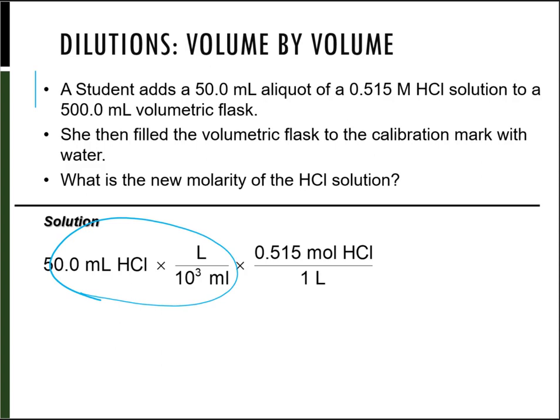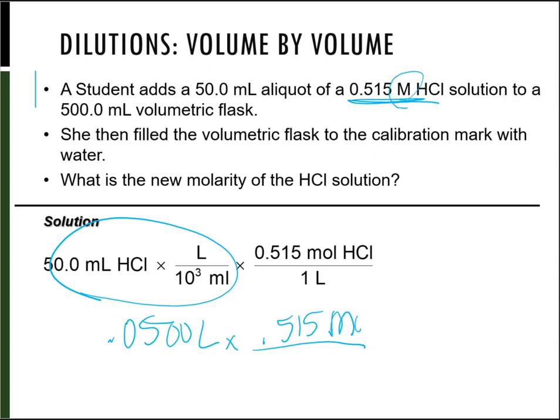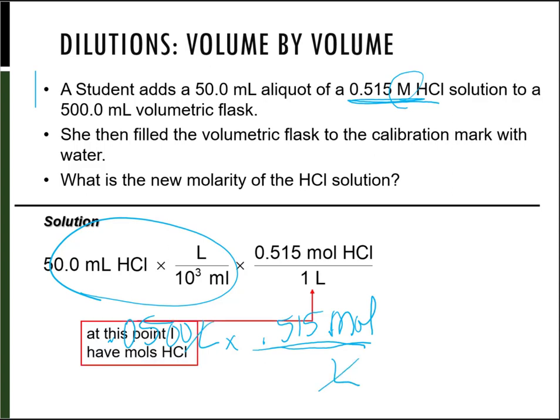So that would give me 0.0500 liters. And then we knew the concentration, which is 0.515, and we know that molarity means moles per liter. Notice how liters and liters will cancel out.